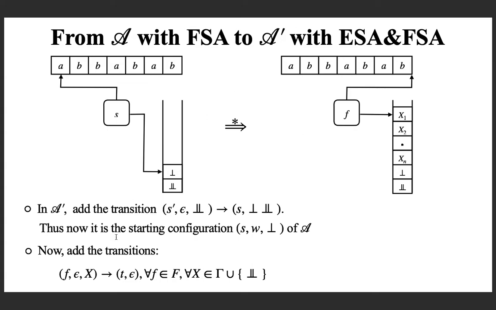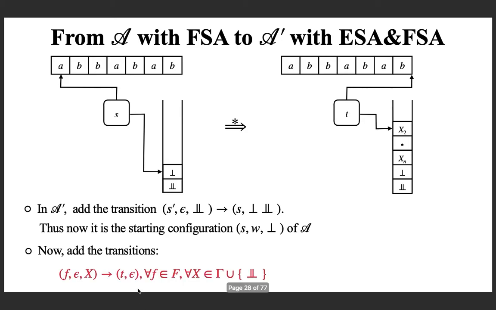To A prime, I am adding a new state called T, and I will make T the only final state of A prime. So, if you are already in the final state F of the given automaton, without consuming an input, you move your control unit from the state F to the newly added only final state for A prime. So you are in T now, and also you are taking out the topmost symbol. X could be any symbol on the stack.